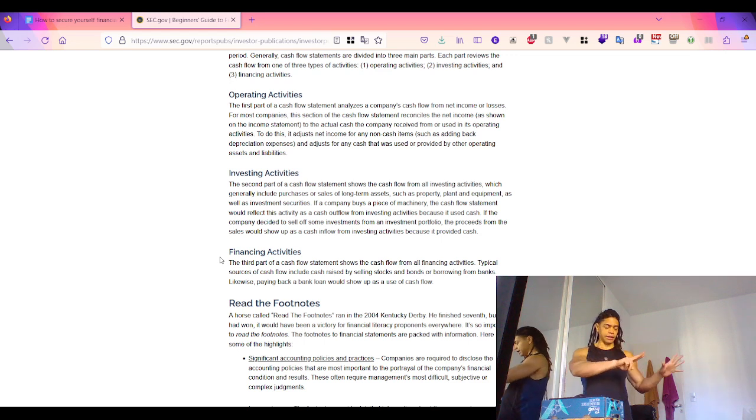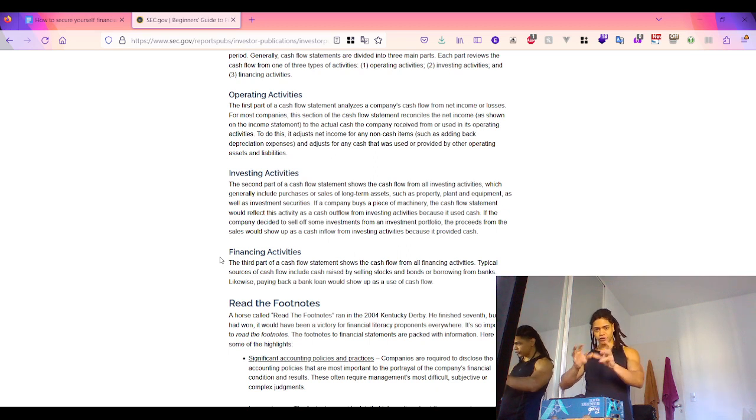So with that, right, then I also look at the most common operating liabilities, such as accounts payable, accrued expenses, deferred revenue, short-term borrowing, income taxes payable, notes payable, and warranty obligations.